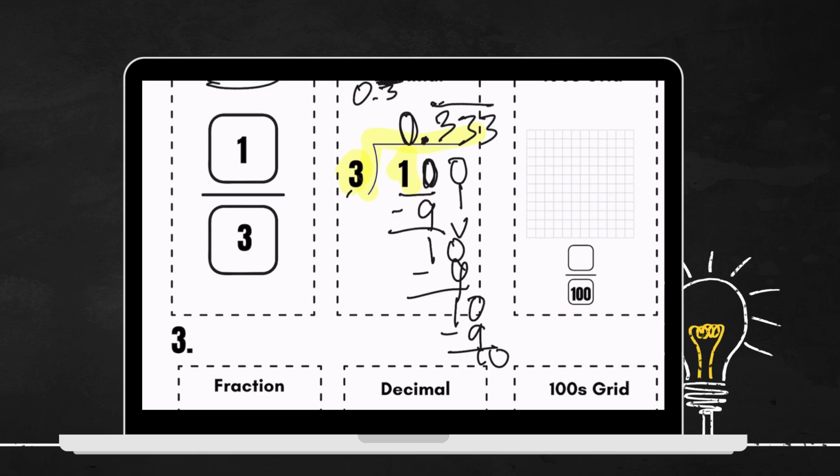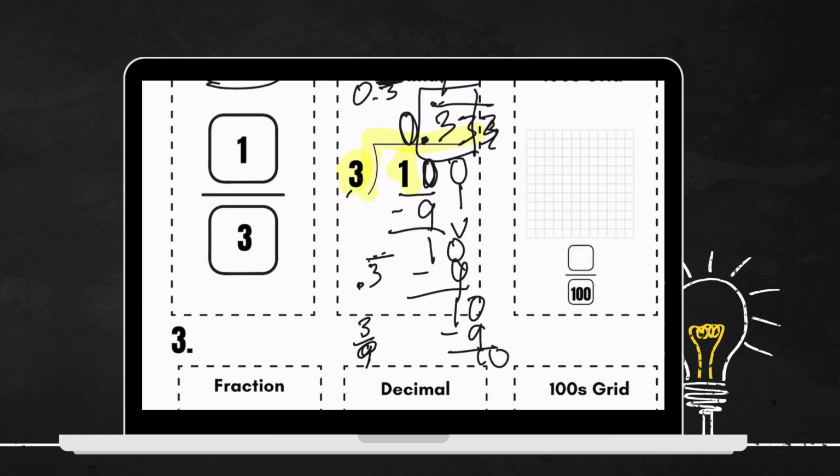And 1/3, so we have 0.3 repeating, which technically is 3/9 as a fraction. It's not in tenths because it's repeating. But since it's out of 100, let's fill in 33 squares. Okay, so also you can think of place value.